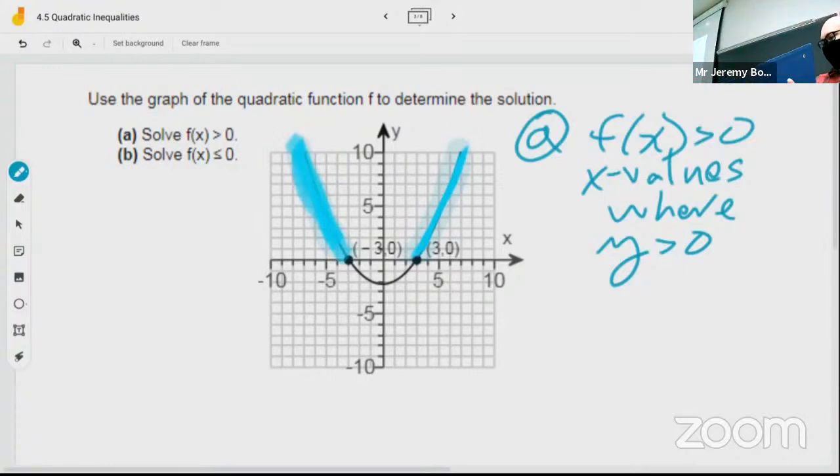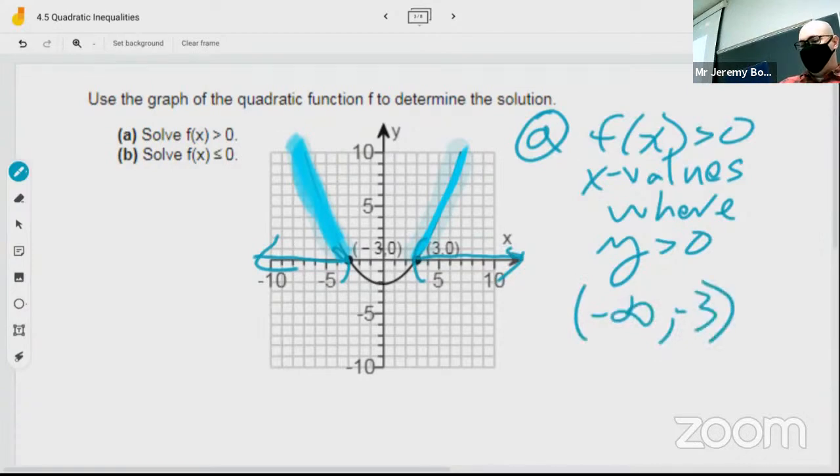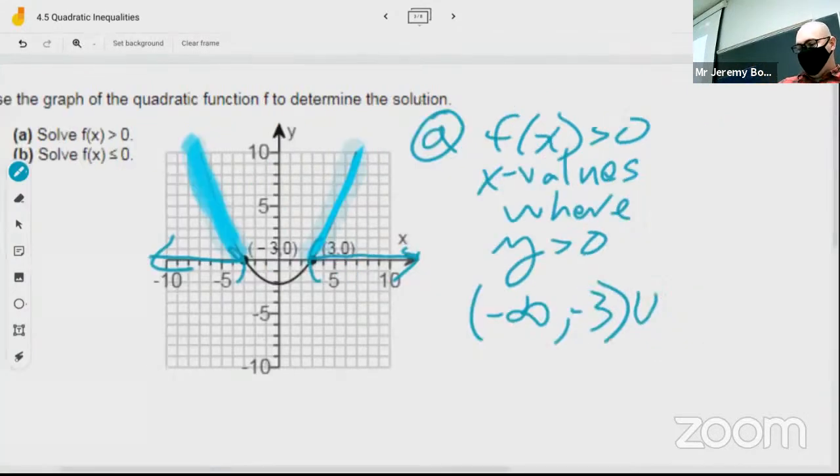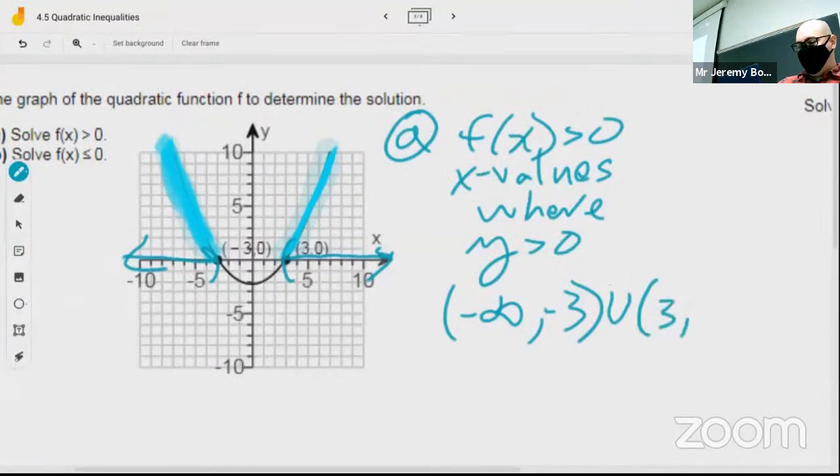The x values are going to be from here onto the right, and from here onto the left, right? So where is f of x greater than 0? Negative infinity to negative 3, and union 3 to infinity.